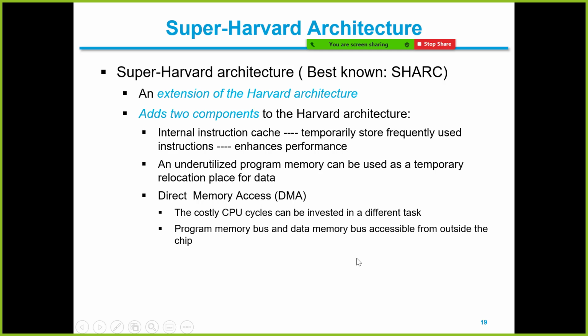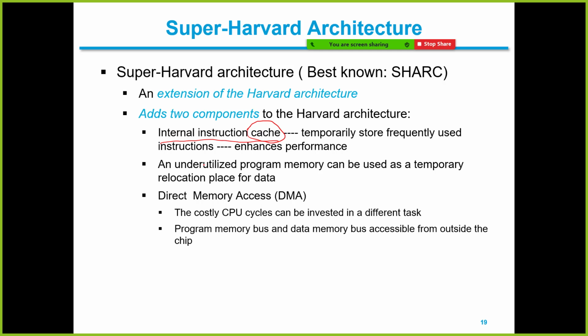Super Harvard architecture. This is an extension of the Harvard architecture. In this architecture, two components are added. This internal instruction cache temporarily stores frequently used instructions. We usually store frequently used instructions in the cache, not only for such a node, also for PCs.